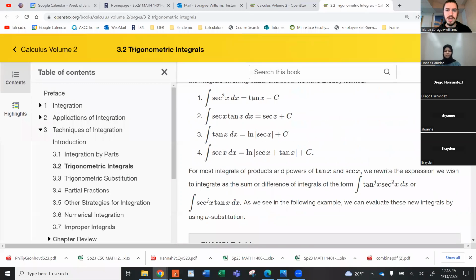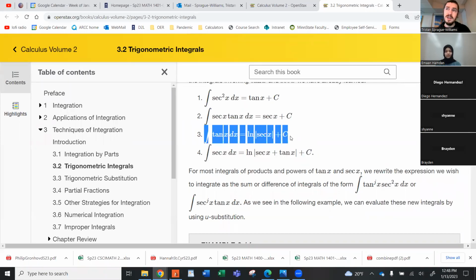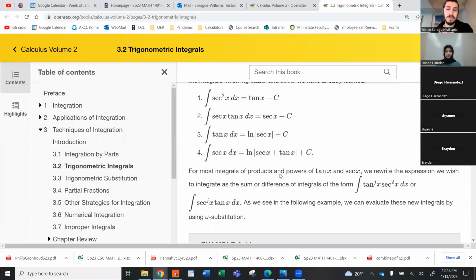Very similar approach. There's a couple things that you would need to do this. One of them in particular is the integral of secant. The integral of tangent is something that we studied back in Calc 1, but the integral of secant is not. At least I didn't address that one back in Calc 1.